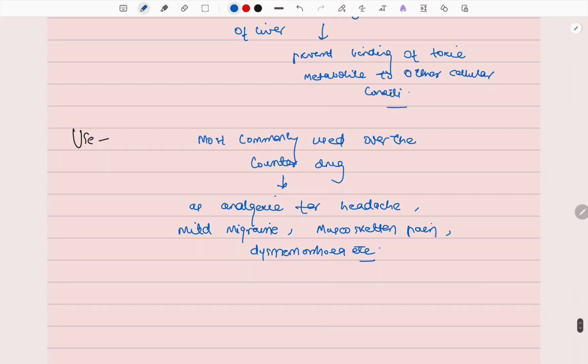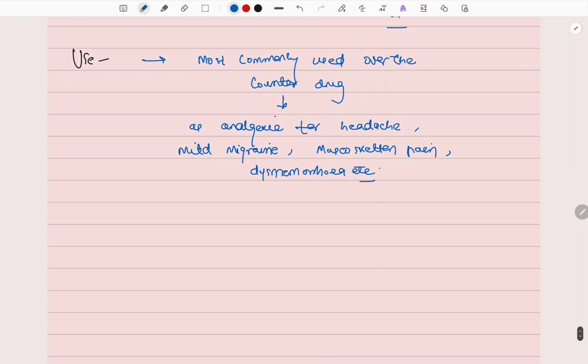But in osteoarthritis, doctors recommend paracetamol as the first choice of analgesic, and it is one of the best. This was about the over-the-counter drug for analgesia.